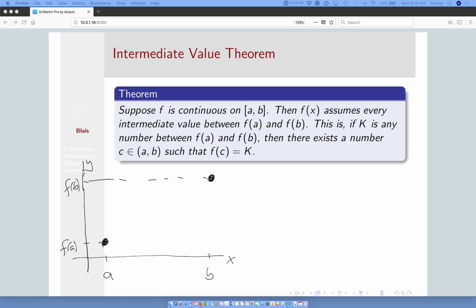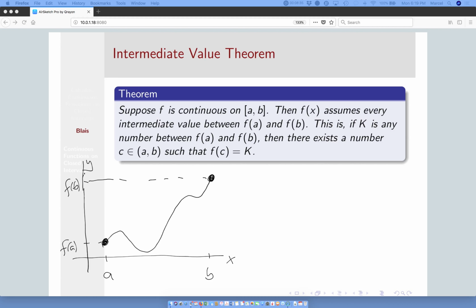Because the function is continuous on the closed interval [a, b], we start at f(a), and then we draw the function without taking the pen off the paper, ending at f(b). So whatever it looks like, we can't take the pen off the paper. No jumps, no vertical asymptotes, and no holes.